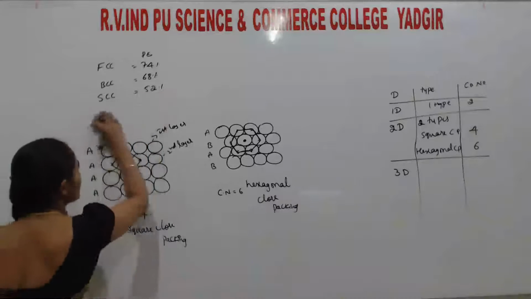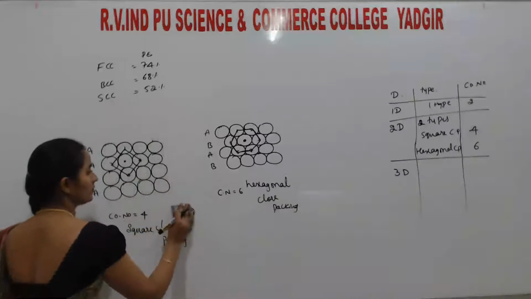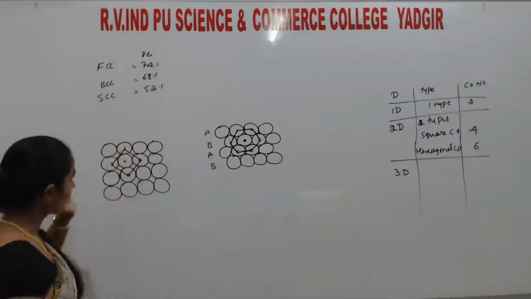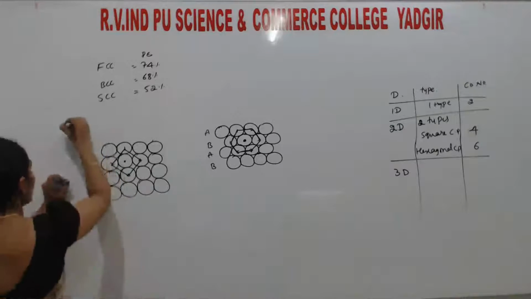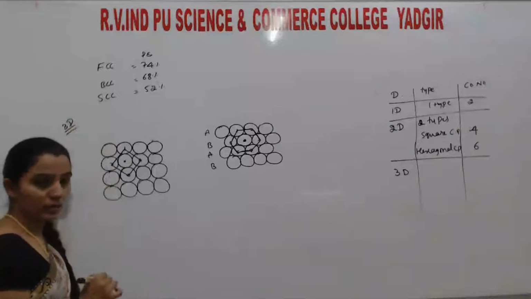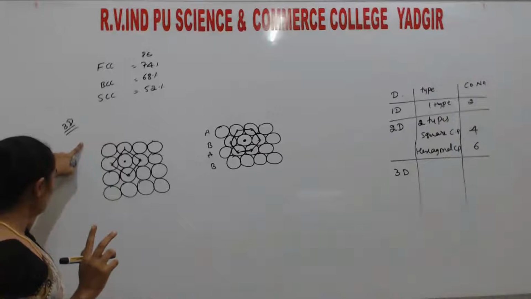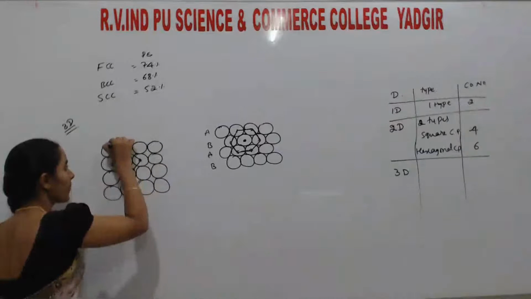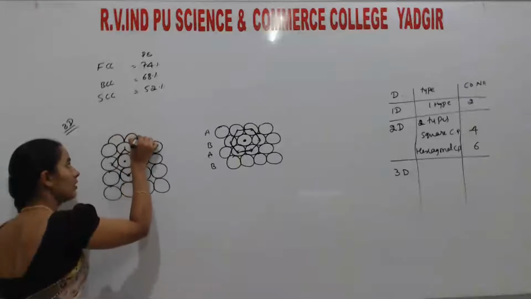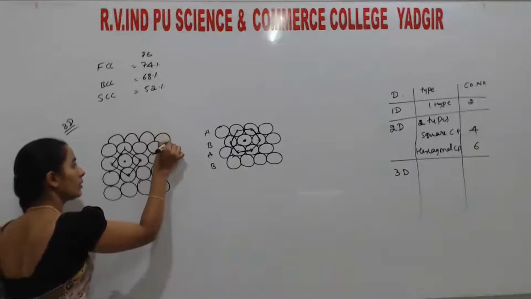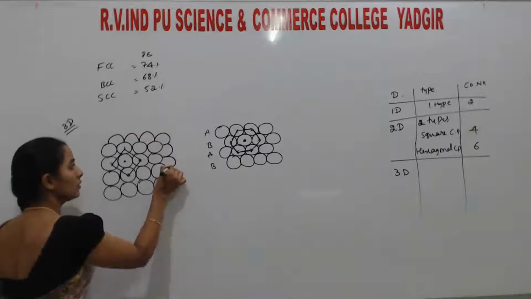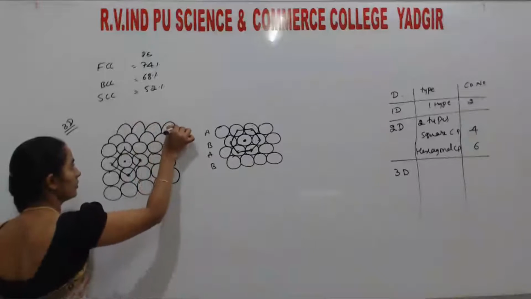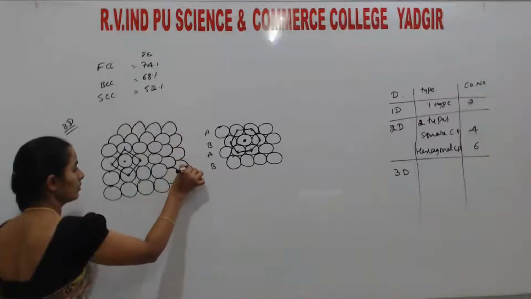Okay. Next, assume this. Students, this is the square close packing structure. By using the square close packing structure, we are making another 3 dimensional structure. We are continuously arranging them. Listen. So another layer I'll arrange backward.